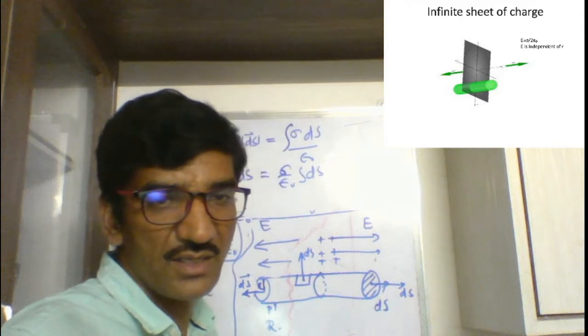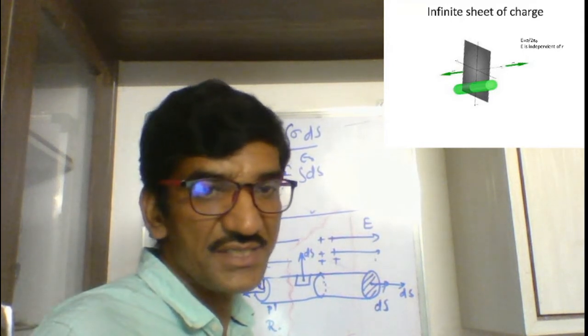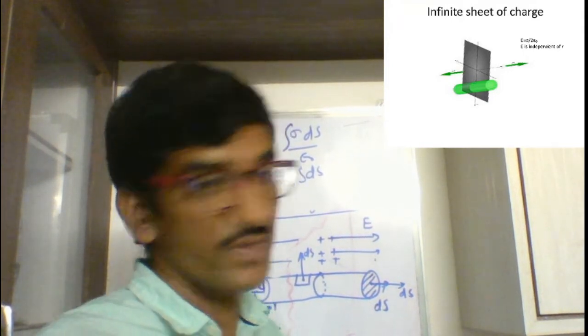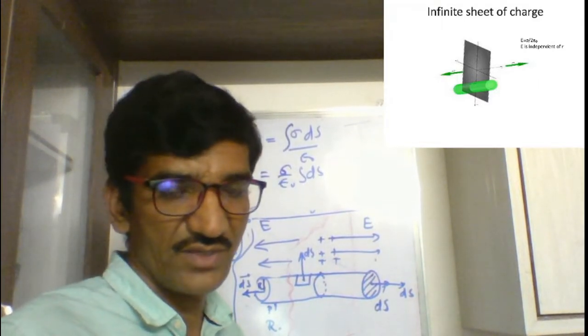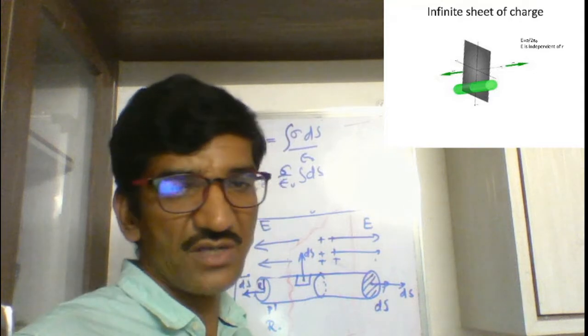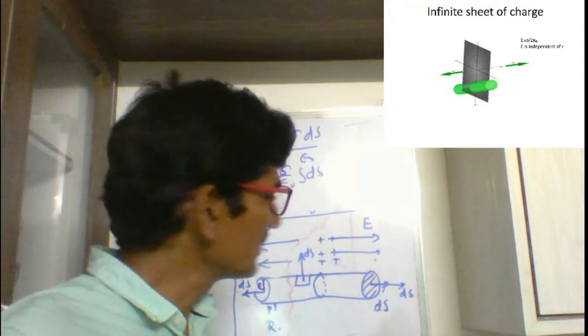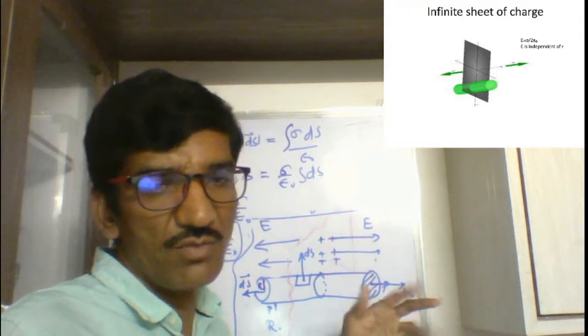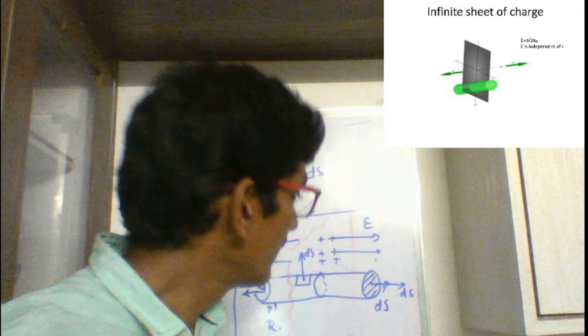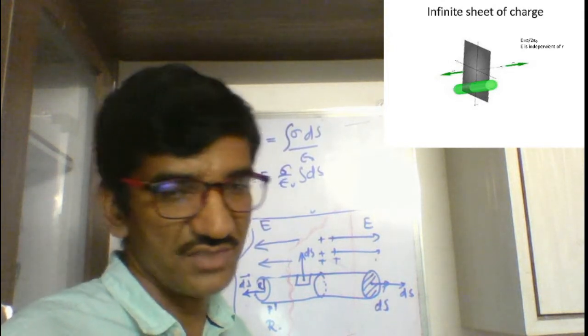It only changes when you alter the charge distribution on the plate. If you increase the surface charge density, then electric field intensity at this point will be somewhat more than in the previous case. So electric field intensity is only a function of charge distribution.